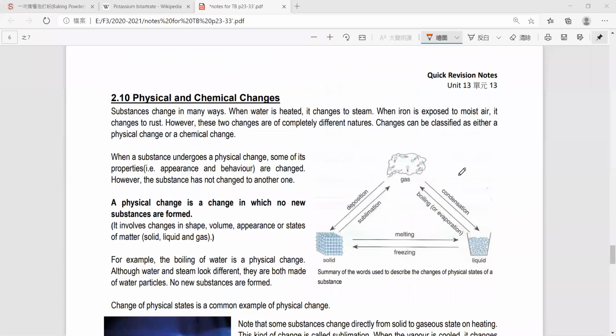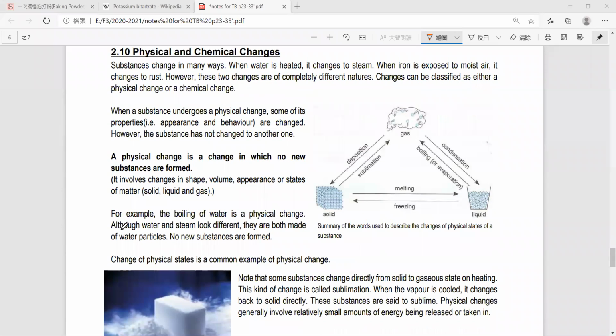The last topic is physical change and chemical change. You may also refer to the book, while these two pages are just supplementary information. Physical change is a change in which no new substances are formed.